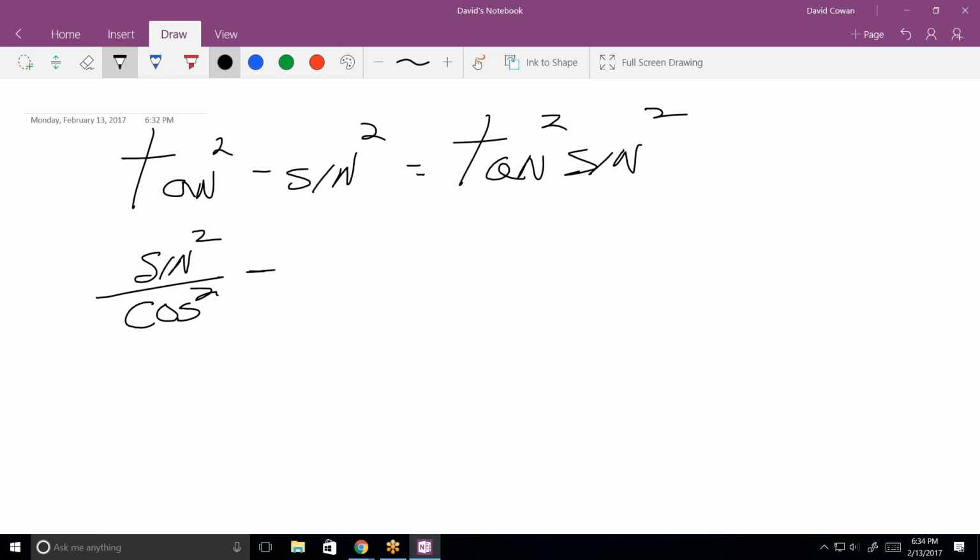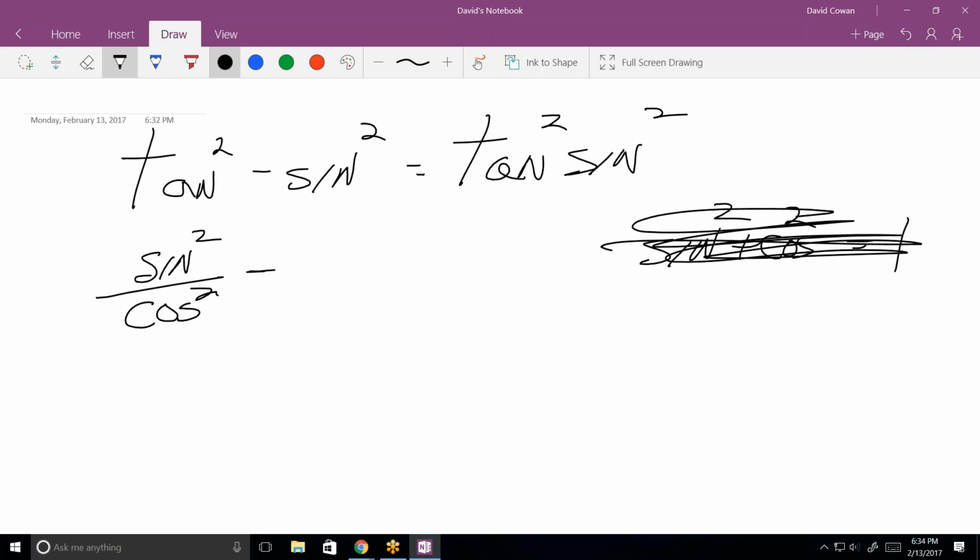Sine squared is equal to... Oh, excuse me, my error. If tan is equal to sine over cosine, what is sine equal to?